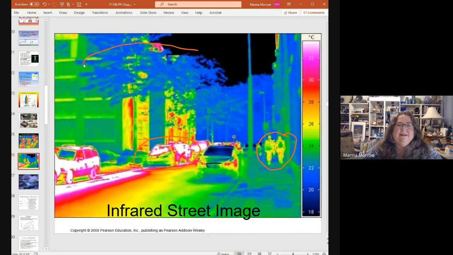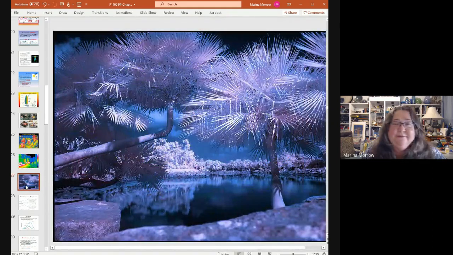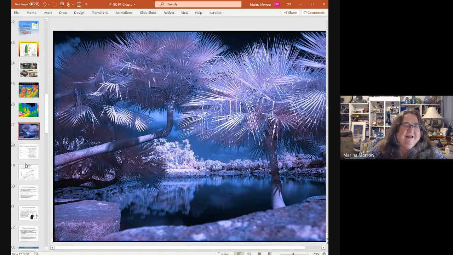So trees, even though they are cooler than the cars, they still are producing infrared radiation. And if you ever get an infrared camera for yourself, they're cheap enough now for everybody to play around with almost. You can do some cool effects with it. So people put different colors in and get different images.